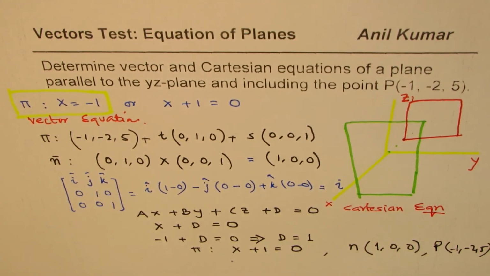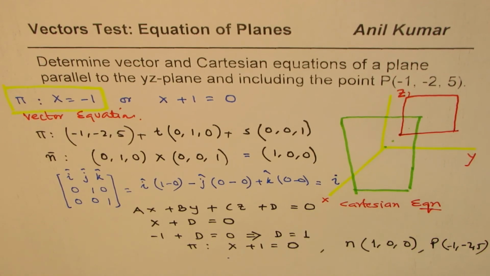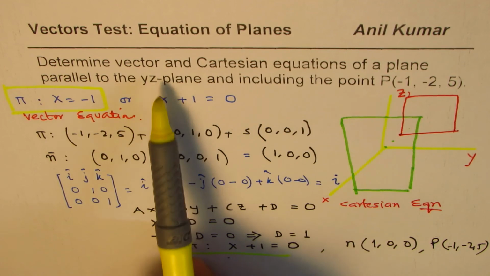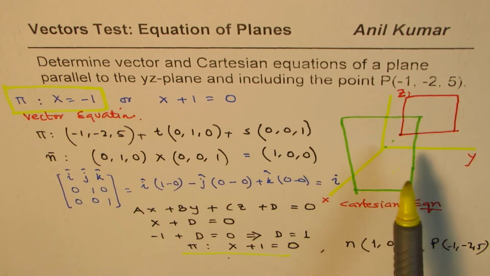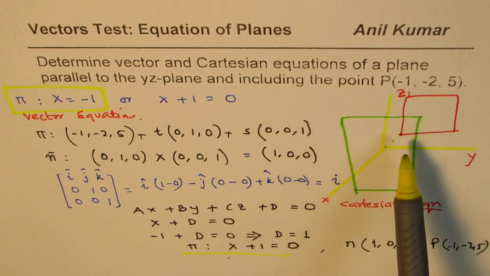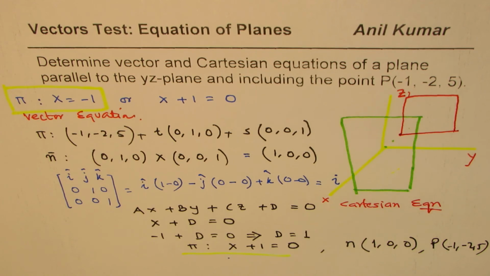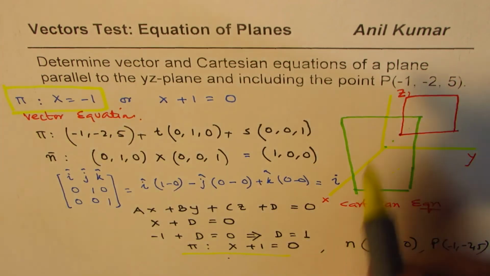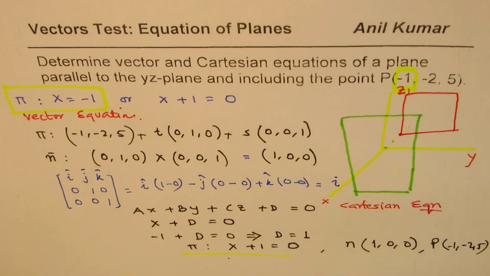I hope all this has come together and you've understood the concept. Whenever we are saying parallel to YZ plane, that means it is a fixed distance away from x. So this value of x is constant, and that is how you get your equation.